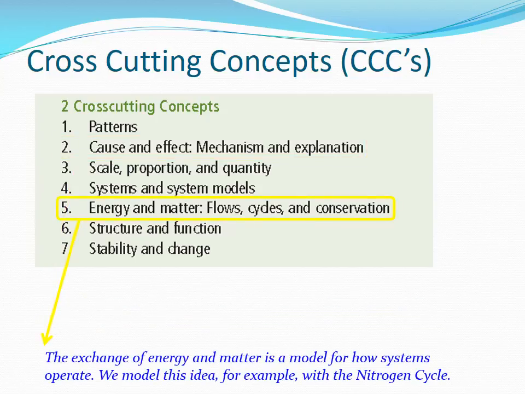Another example is energy and matter: flows, cycles, and conservation. Okay, so let me give you an example of what this might be. For example, in a pond, you might have fish, and fish may excrete urea into the water through their gills, their respiration through their gills, and through their waste products. And if that ammonia builds up to too high of a concentration in the pond, it can be lethal to the fish.